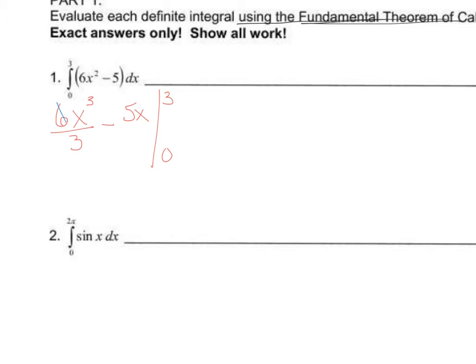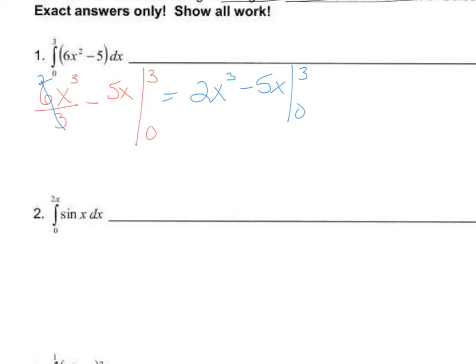Before I plug in the numbers, I can simplify here. And now that I have a simplified antiderivative, we're going to plug in the top number from our integral, which was 3.